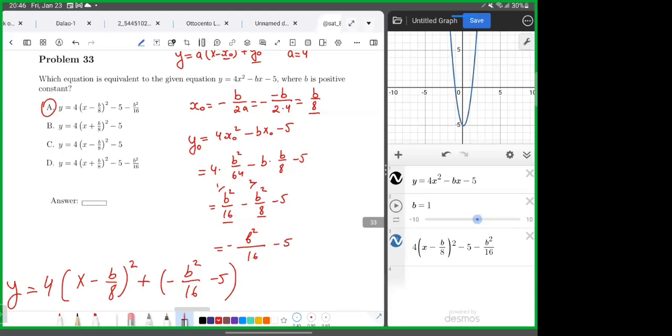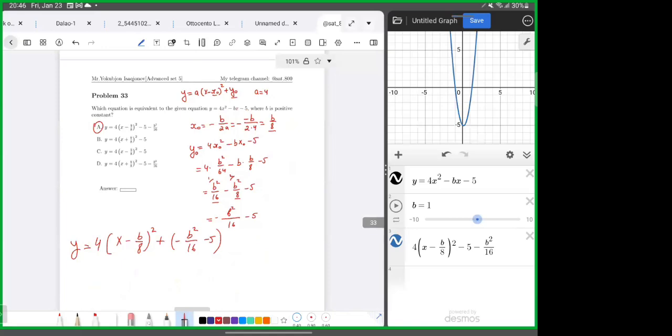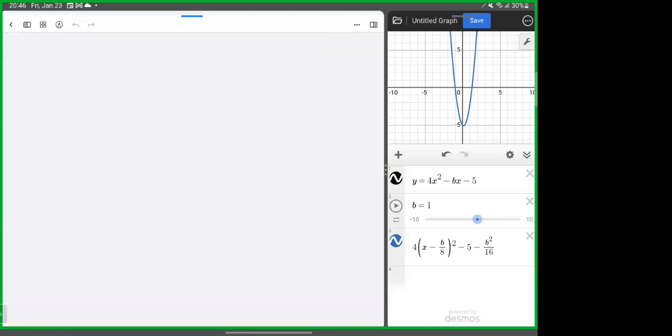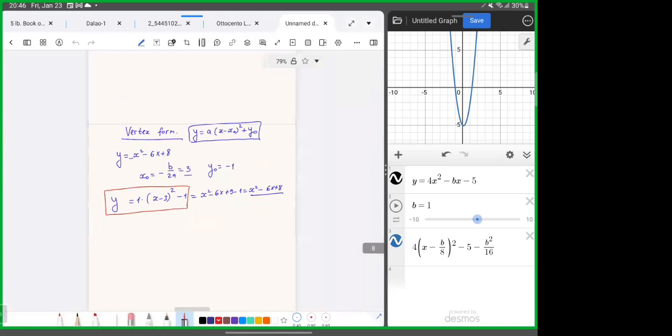If they are the same, it is equivalent. You can see the color changes. It is equivalent. So like this, problem solved. Very good. It is about the vertex form.